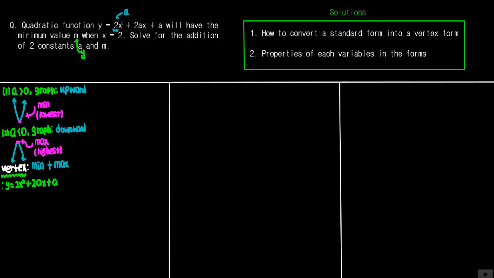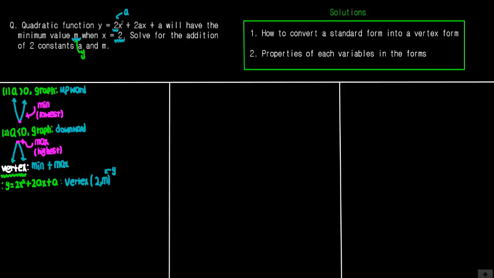So from here, we can know one thing, that from the vertex of our quadratic function, our x value is positive 2, and for our y value, they said it is m. And m is one of the values we need to solve for. So we can write m as the y coordinate.